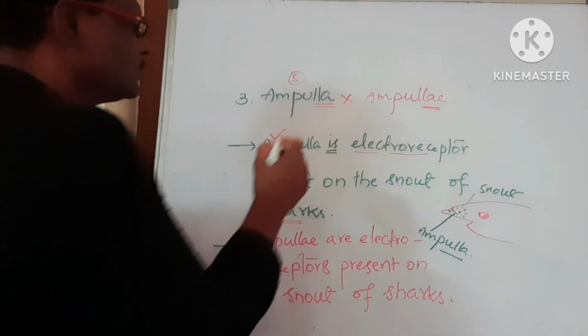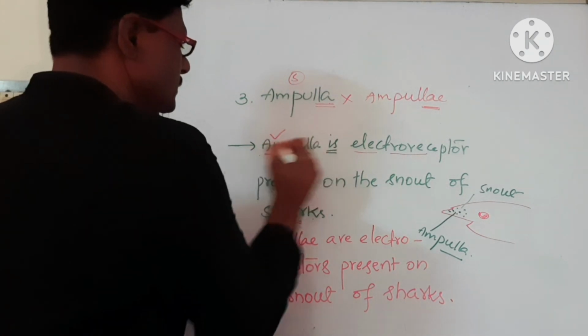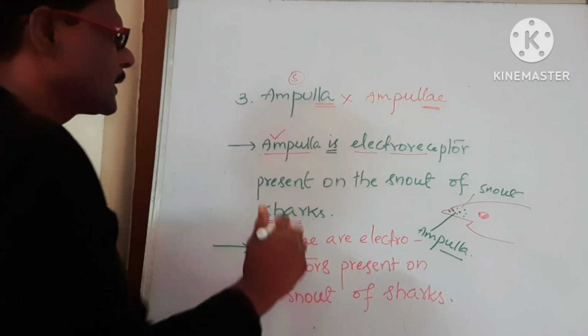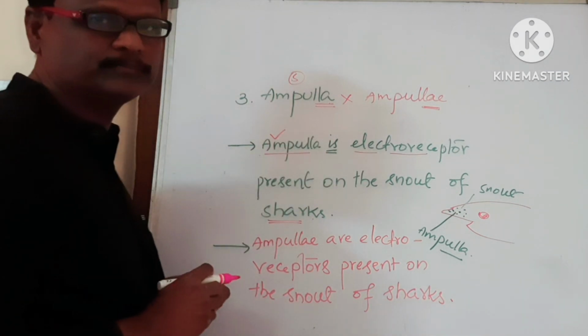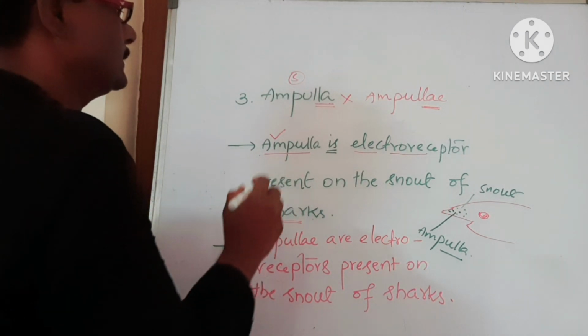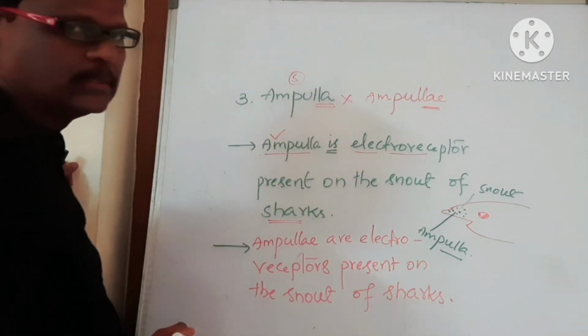If you don't know whether a word is singular or plural, definitely you may be committed to give a wrong auxiliary verb. Okay, that's why you need to learn irregular plurals in biology.